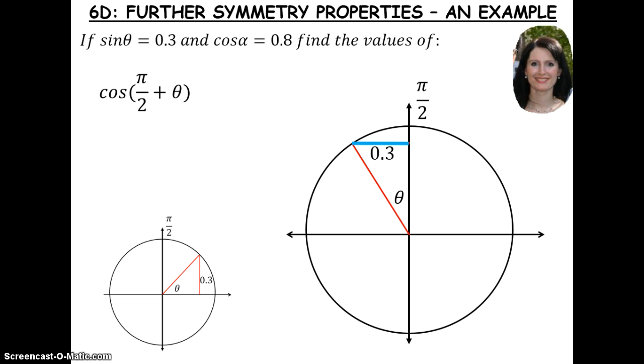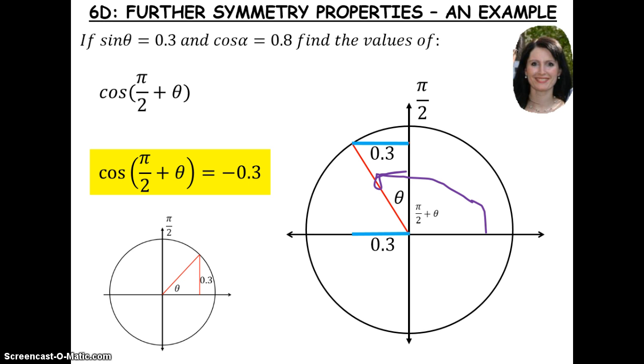There it is there in blue. So there's our angle of pi on 2 plus theta, and the value of cos is going to be the same as what sine used to be when we had theta in our triangle on the left-hand side. That length is 0.3, but because it goes in the negative direction, it's in the second quadrant, it means that cos of pi on 2 plus theta is going to equal negative 0.3.